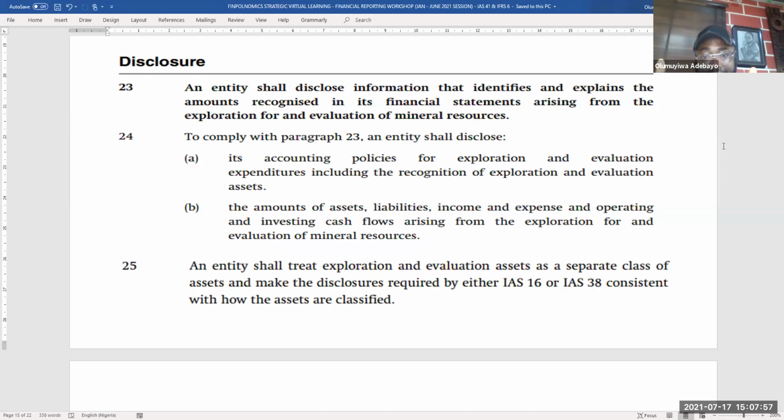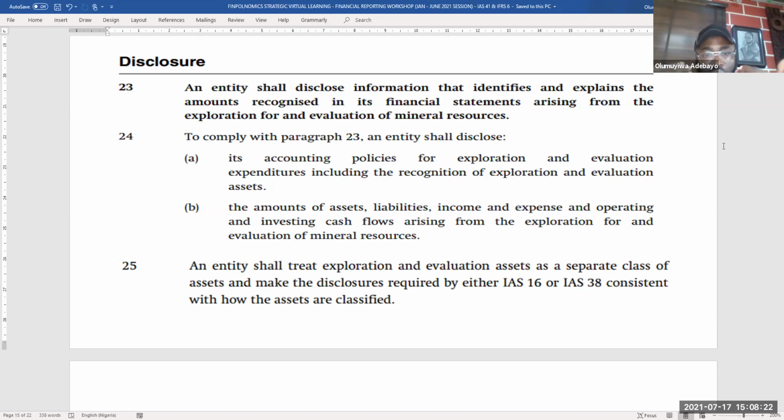Remember, if the nature of the asset is such that you carry out seismic surveys, geophysical surveys, and some other things, such costs by nature will have to be shown as a separate class of intangible, while things like providing platforms, rigs, and some other tangible assets will be classified appropriately as PPE or as tangible.